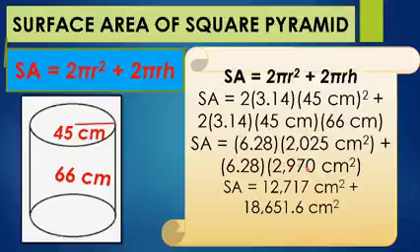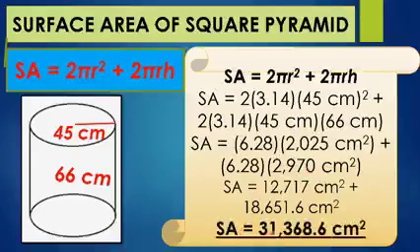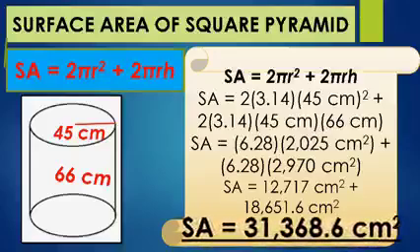The final step is add the two products and the sum is equal to 31,368.6 square centimeters. So the surface area of the square pyramid is equal to 31,368.6 square centimeters. So this is how you solve for the surface area of a square pyramid.